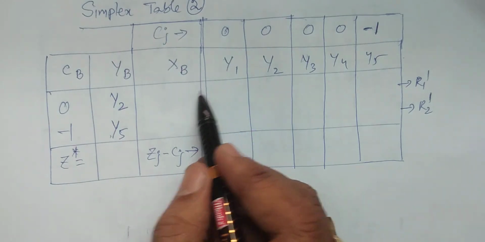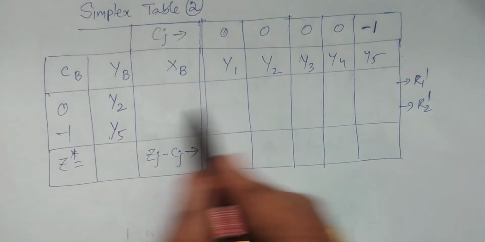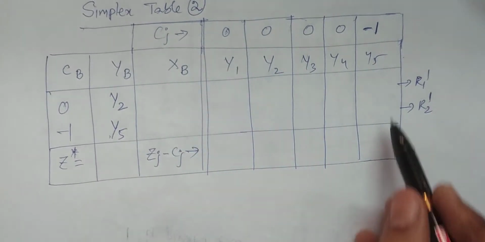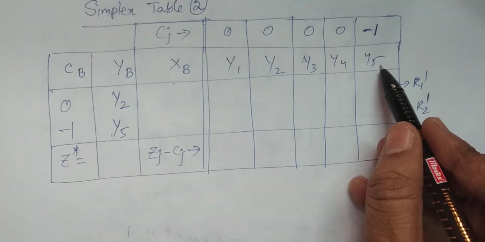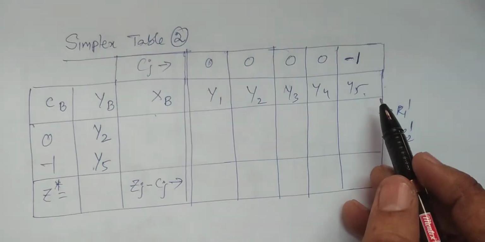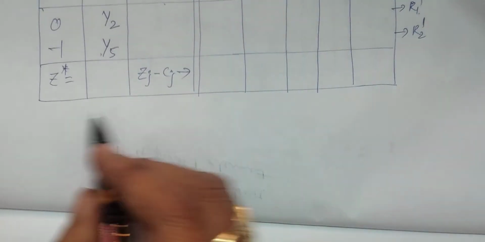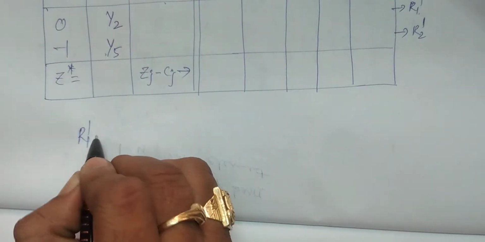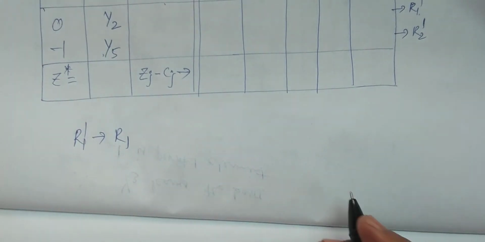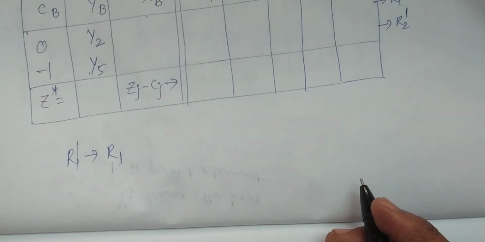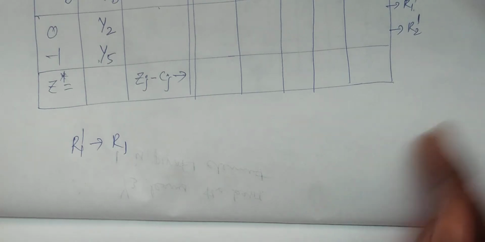Next, you have to calculate the remaining values, from xb to y5. All the values are to be calculated with the relevant row operations R1 dash, R2 dash. What are the row operations? R1 dash is to be considered as R1 because the pivotal element is going to be converted to unity. It is obviously 1, and you have to convert it to 1.